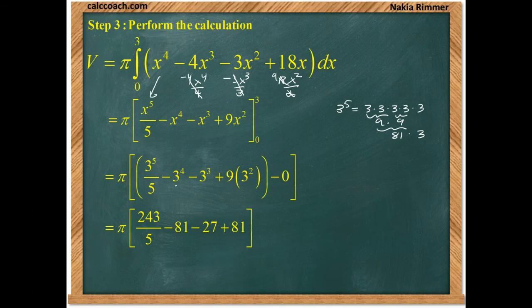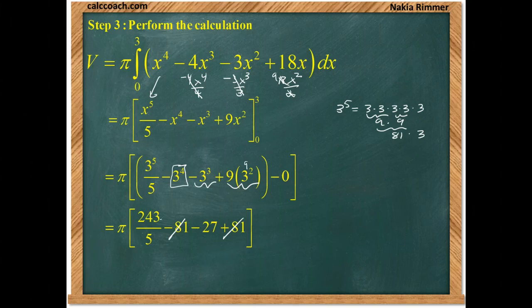And then we have a minus an 81. Be careful here. You take it to the 4th, and then you subtract. This is plus 81 because it's 9 times 9. And those cancel each other out. And then here we have a minus 27. Once again, the minus applies afterwards.